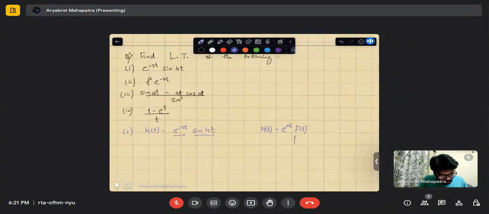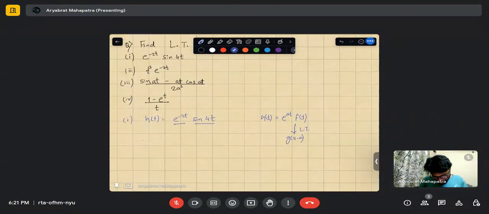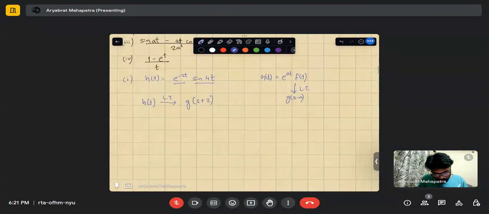So here also, when you take the Laplace transform of h of t, you will get g of s plus 2.